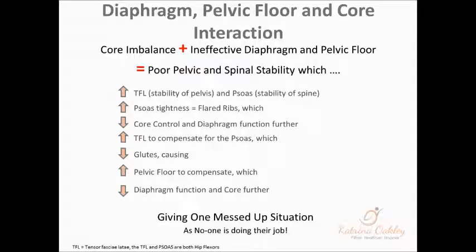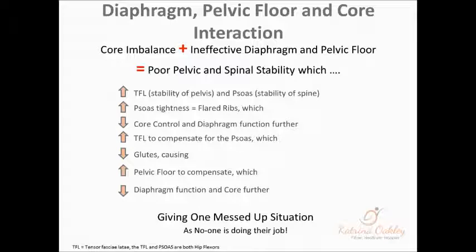And this guy comes in because somebody has to stabilize your pelvis. So it takes on the role when your pressure canister is not doing its job. And the TFL will overwork to help stabilize this. That also means our psoas, one of our other hip flexor muscles, is going to overwork to help stabilize your spine.